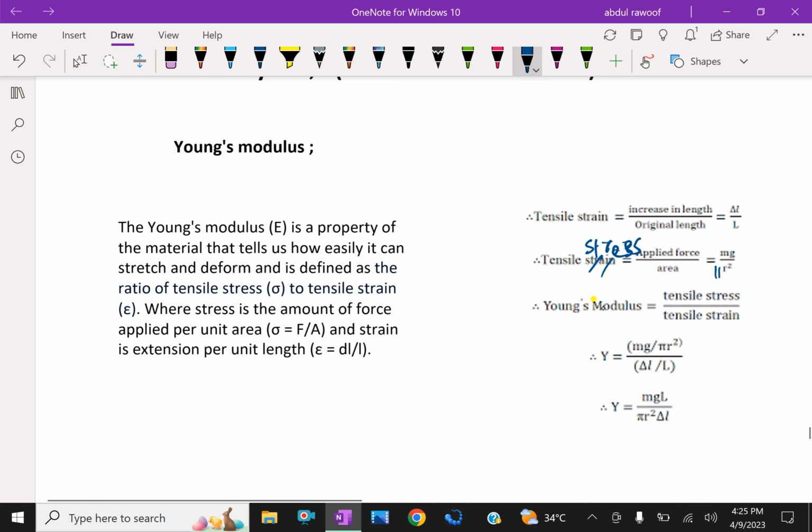Suppose it's a circular cross section. Then Young's modulus equals tensile stress by tensile strain, that is Y equals mg by pi r squared over delta L by L. Cross multiply, you will get Y, rearranging, Y equals mgL by pi r squared delta L. It's the Young's modulus formula.